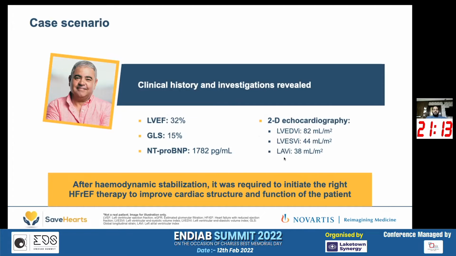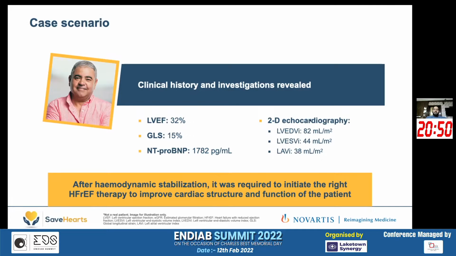The echocardiography, which is now becoming the essential tool for us to assess these patients of heart failure and to differentiate between, as I said, heart failure reduced EF and heart failure preserved EF. Well, this gentleman, along with the reduced ejection fraction, had increased left ventricular end diastolic volume index, left ventricular end systolic volume index and left atrial volume index.